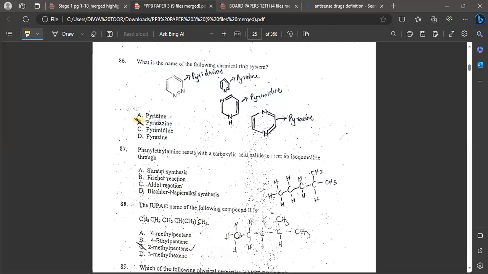Phenylethylamine reacts with carboxylic acid halide to form an isoquinoline through... I sent something on the group. It's about the Bischler-Napieralski synthesis of isoquinoline. You guys can have a look at it.